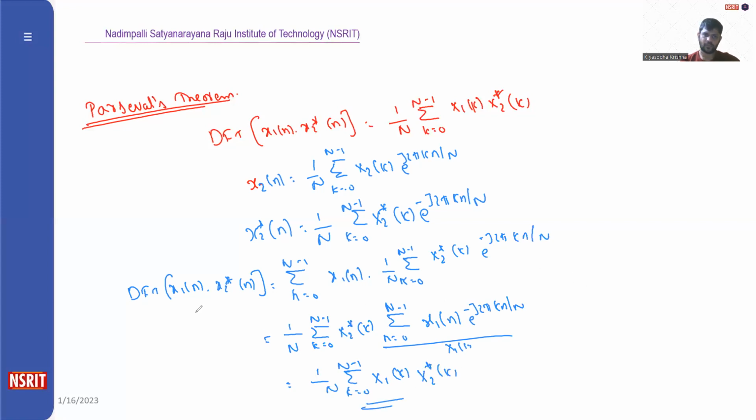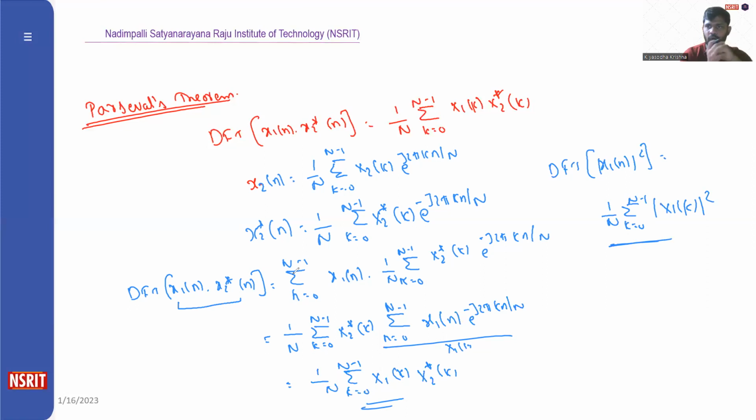And also you can take this to the amplitude: x1 of n mod whole square is simply 1 by n summation k equal to 0 to n minus 1 x1 of k whole square. Right. So for this class, you will get direct 8 marks and 12 marks questions.